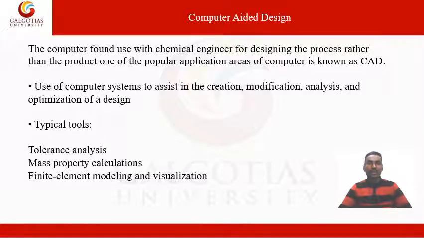The different typical tools that are used in designing are: one is tolerance analysis, second is mass property calculations, and third is finite element modeling and visualization. These are the three different typical tools.